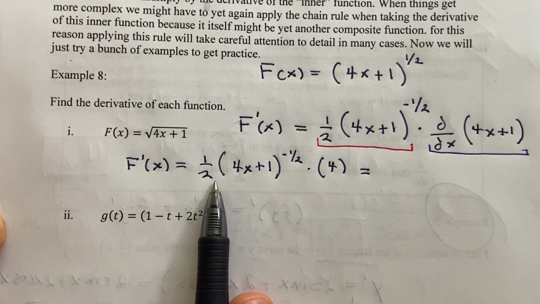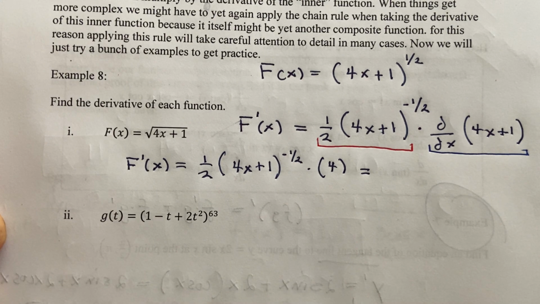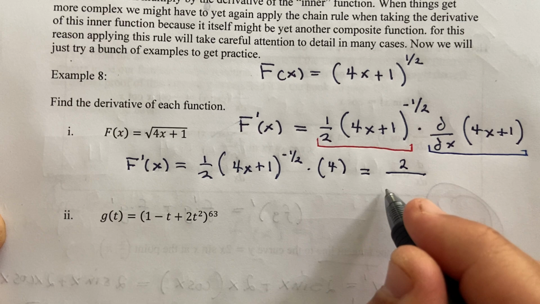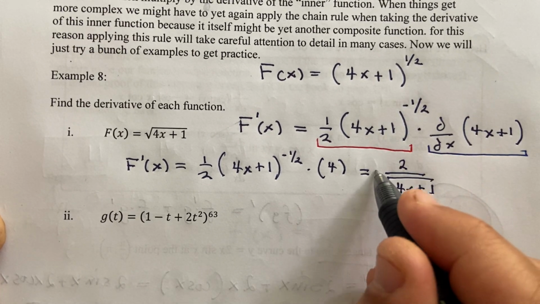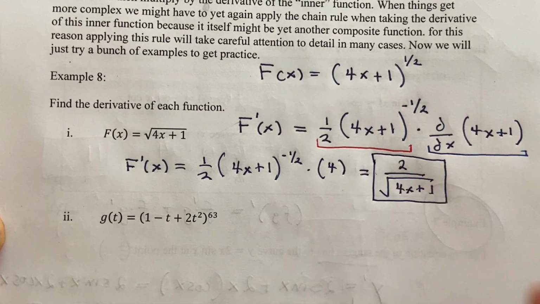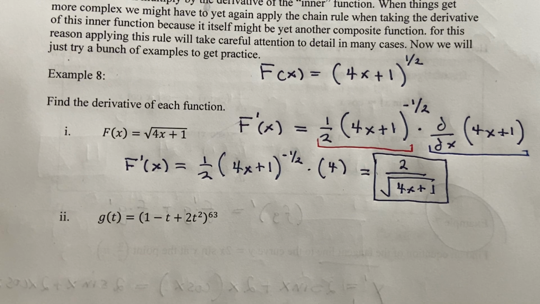So 4 times 1/2 is 2. The negative power, I can rewrite this in the denominator. So I'll leave this as 2 over the square root of 4x plus 1. So that would be the derivative.